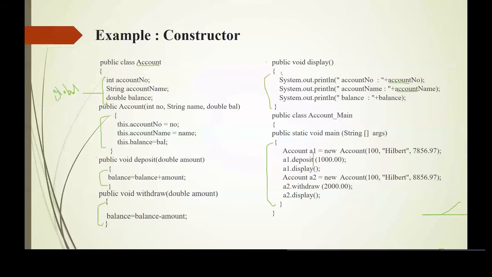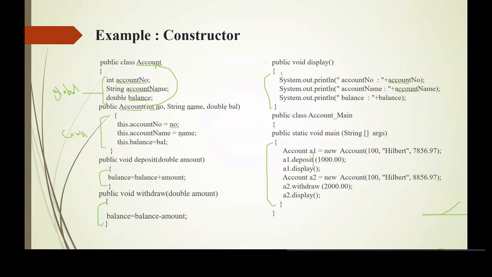So the class account contains account number, which is an integer, and account name, a string, and a double as balance. Now this is a constructor. Why is it a constructor? It has the same name as the class. And it takes three parameters: number, name, and balance.